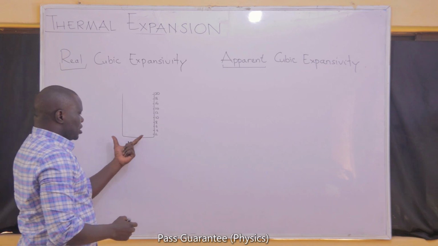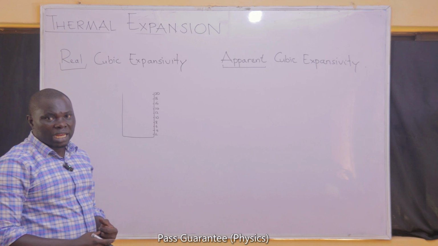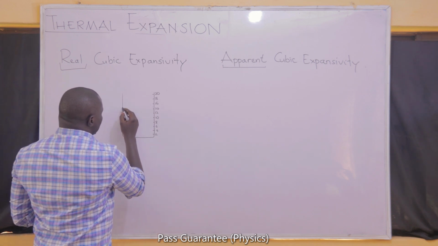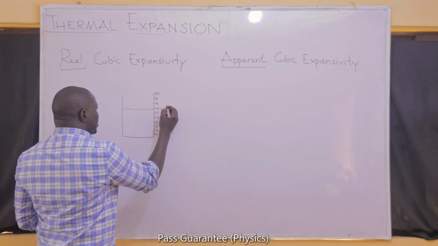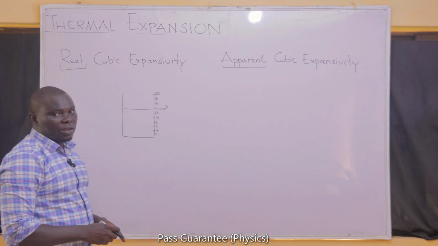That is a container. Let us assume also that it is a transparent container like glass. Let us also assume that we have water in it up to the 14 centimeter cube mark.